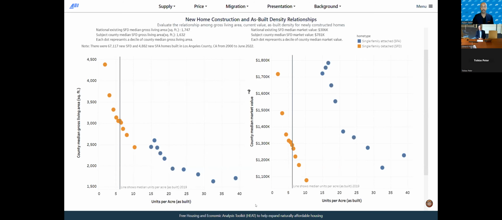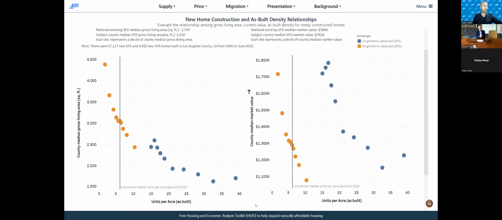On the right panel, where we're looking at price versus as-built density, you see it ranges from $1.7 million down to almost $1 million, a little above $1 million. And on the single-family attached side, you see 1.8 million down to about $1.2 million.